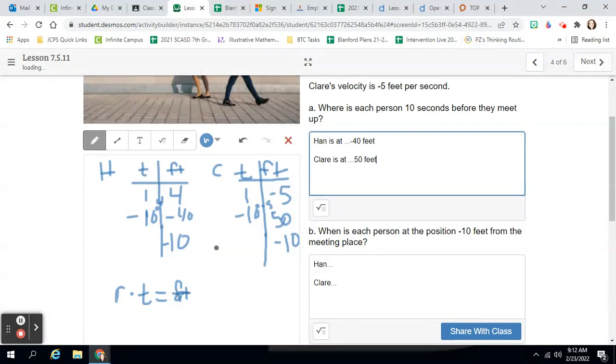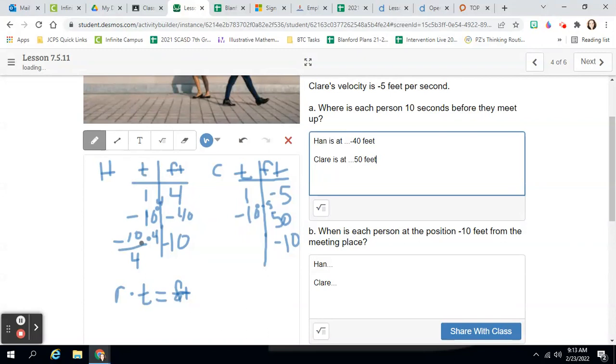So I'm basically saying for Han, what times +4, because that's his rate, equals -10, right? So in this case, that's a division problem, right? So I'm going to do -10 divided by +4.